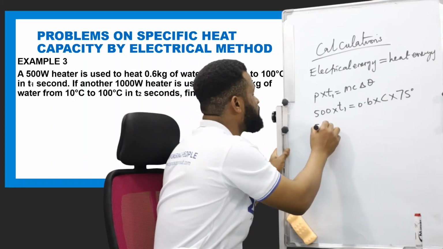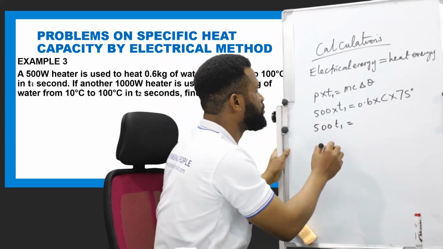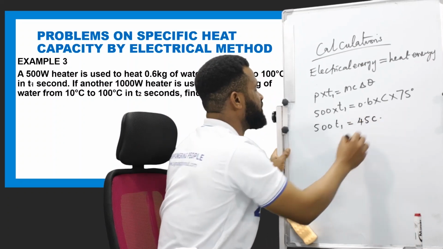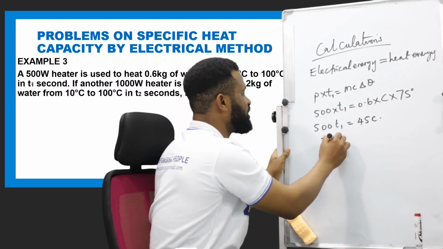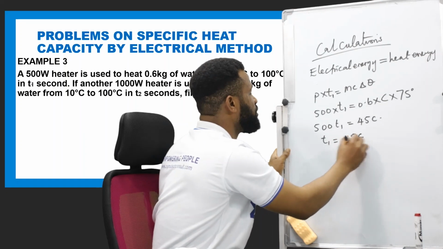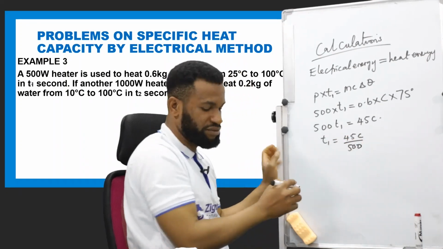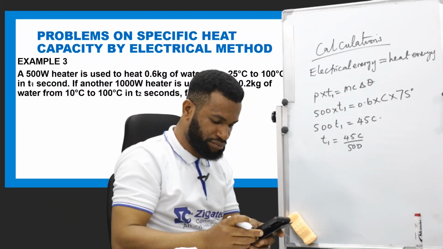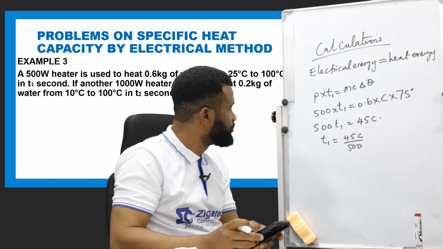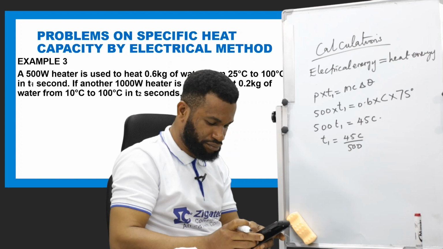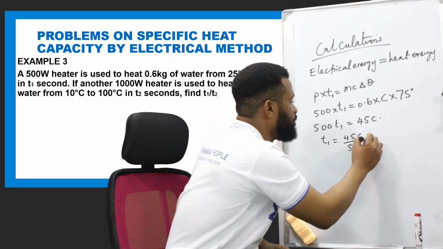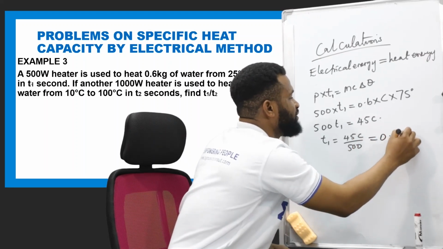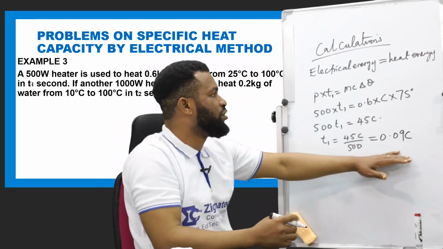So we have 500 T1 is equal to 45 C. So I'm going to have that T1 is going to be 45 C all over 500. So this is going to be 0.09 C. This is the first time for the first one.